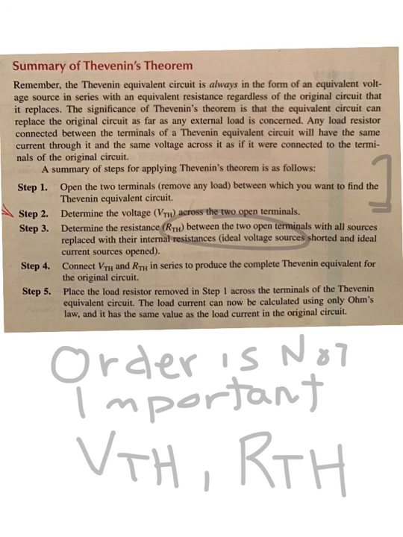You've actually finished the Thevenizing of the circuit, but the next step says connect your Thevenin circuit in series to produce a complete Thevenin equivalent for the original circuit. So build your circuit. Place the load removed from step 1 across the terminals, and now you can calculate using simple Ohm's law analysis the current and the voltage that goes through your load.